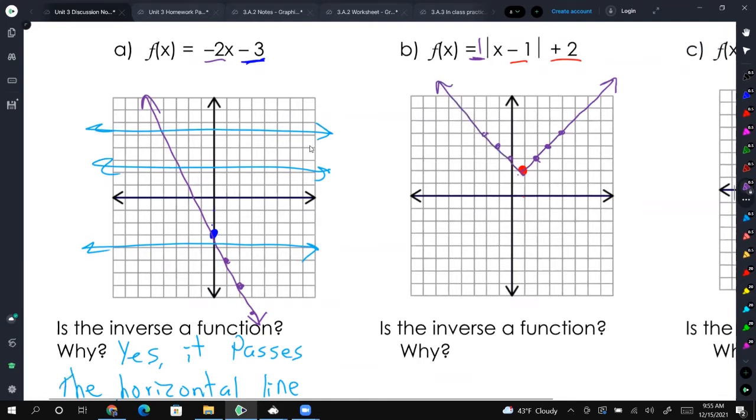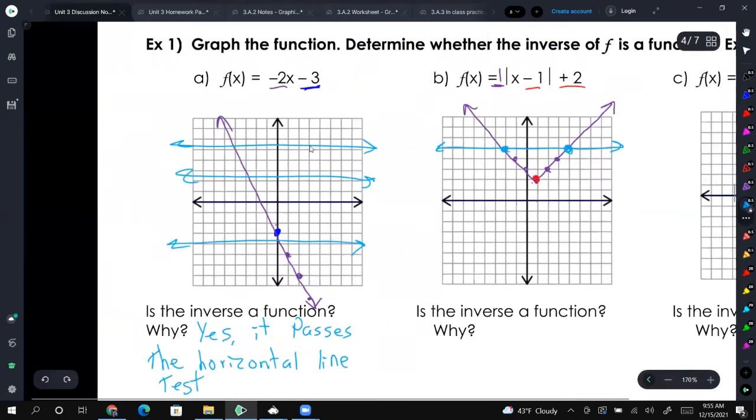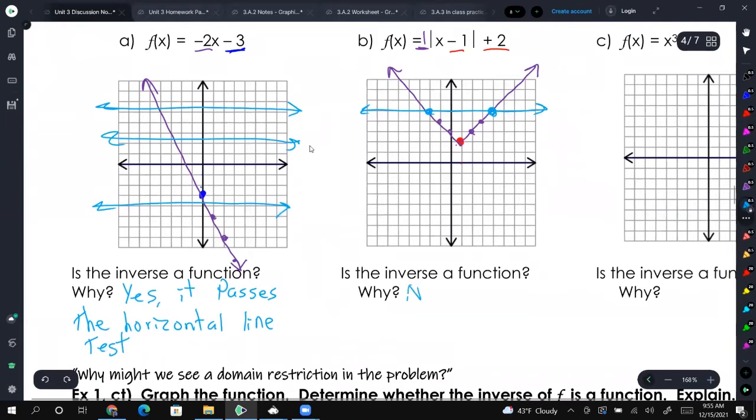So there's our absolute value graph. And yes, we can see clearly that if we draw a horizontal line, it is possible to touch the graph twice. So no, the inverse is not a function. It fails the horizontal line test.